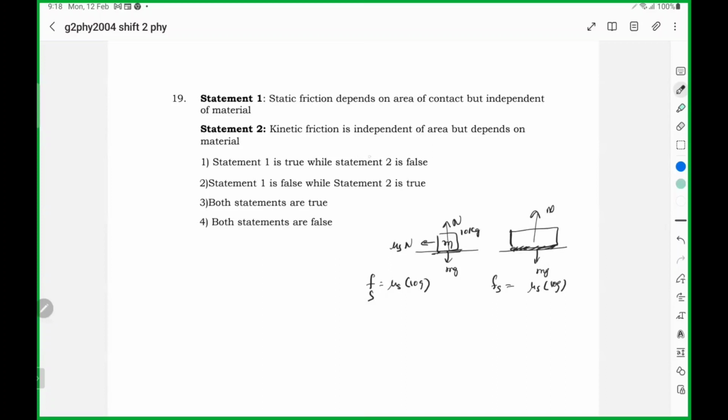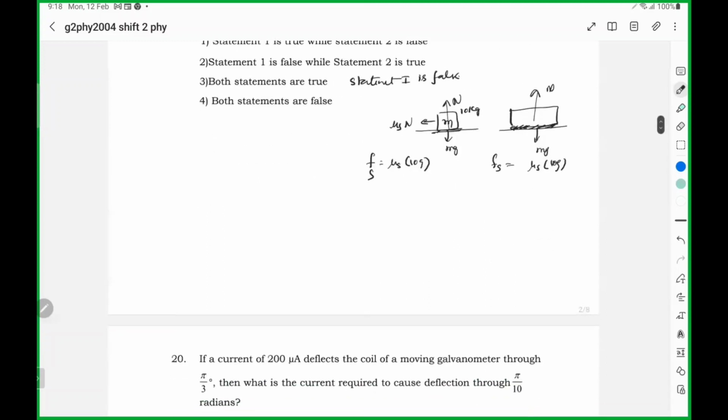Kinetic friction: statement 1 is false. It does not depend on area of contact. Kinetic friction is independent of area but depends on material. Once the body has started moving, the kinetic frictional force exists between the surface and the floor on which the body is moving.